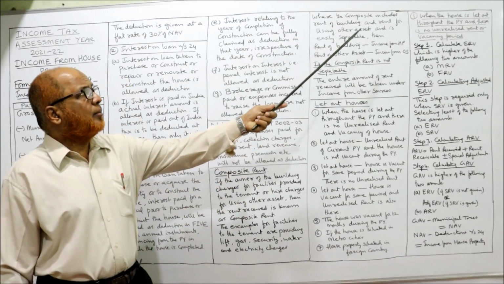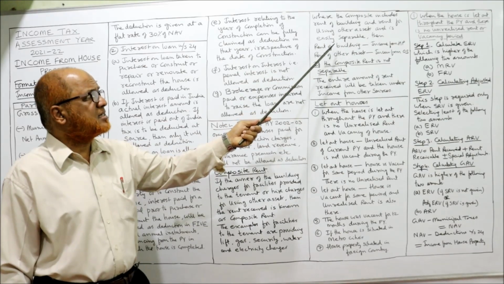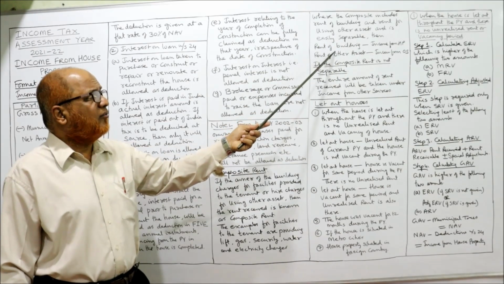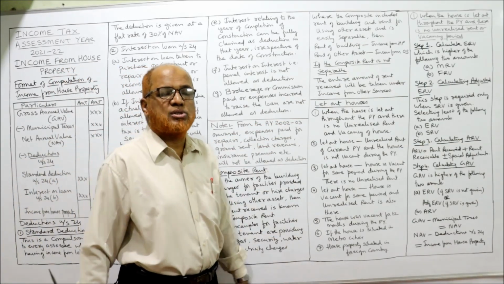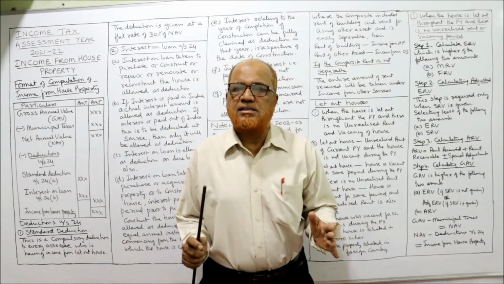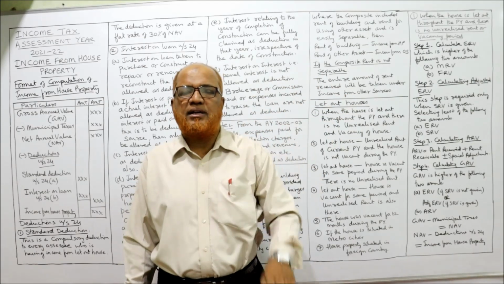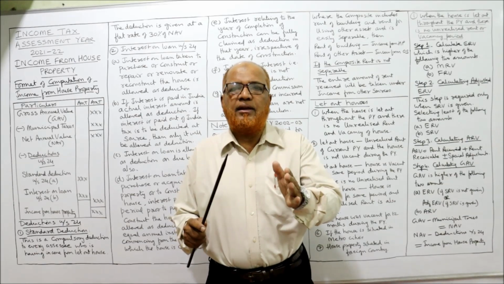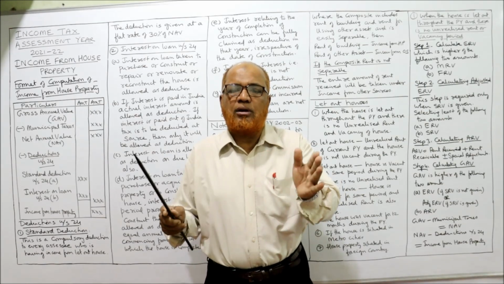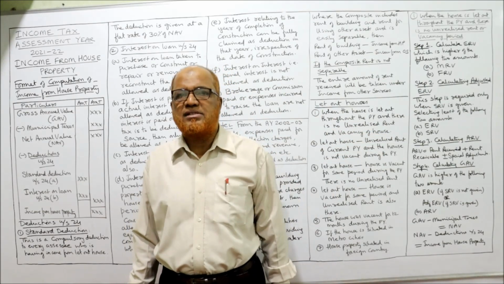Now, where the composite rent includes the rent of building and rent for using other assets and is separable, then rent of building is income from house property, and rent of other assets is income from other sources. The Income Tax Act says when composite rent is charged from the tenant and it is capable of separation, showing how much is the rent of the property and how much is the cost of the facilities, it is separated.